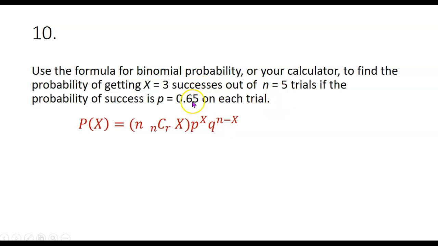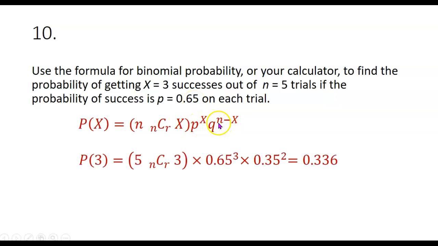So 1 minus 0.65 would be 0.35. And then here where it's n minus x, 5 minus 3 would be 2. So I just went ahead and put 2 there. So this is 5 nCr 3 times 0.65 to the 3 power times 0.35 to the 2 power.